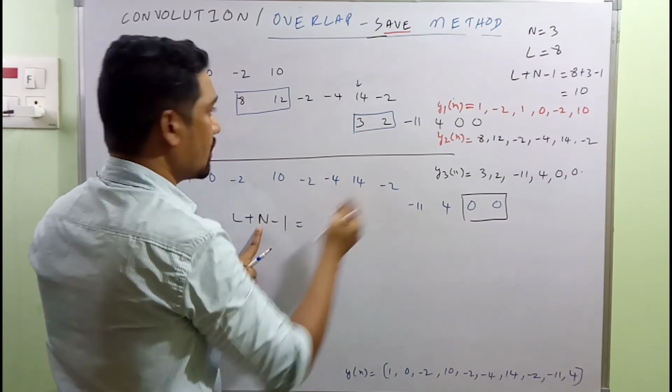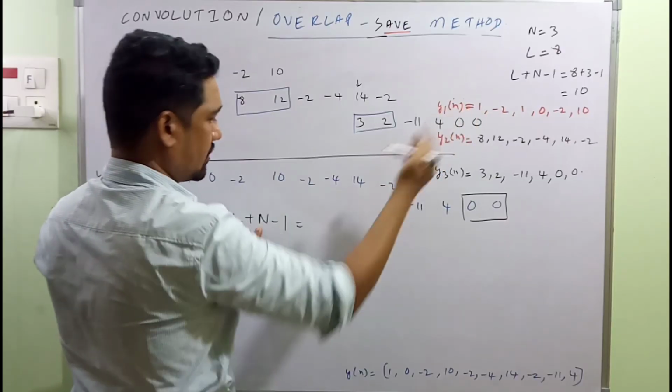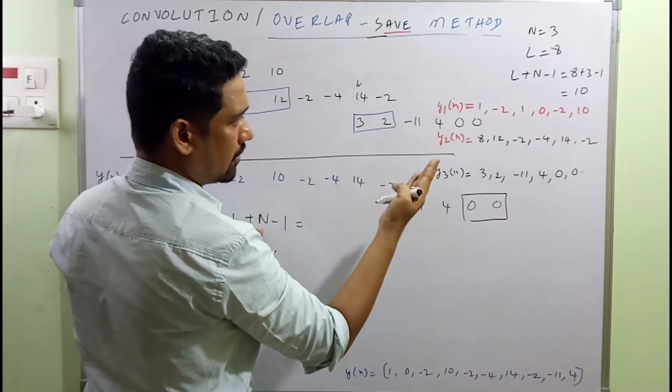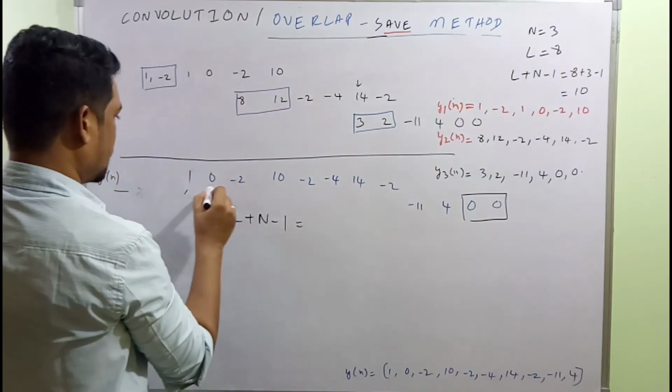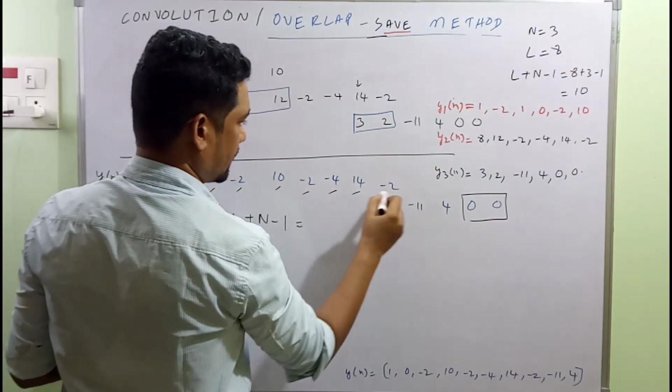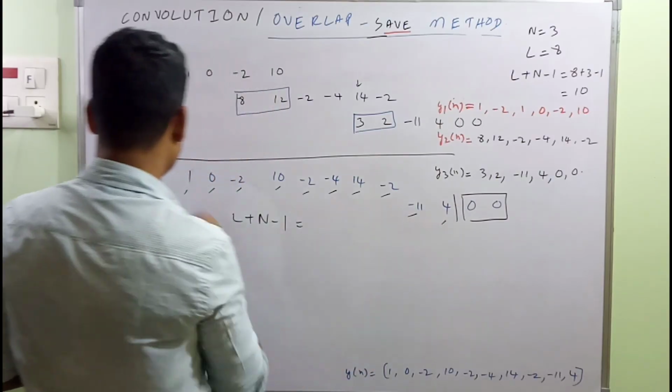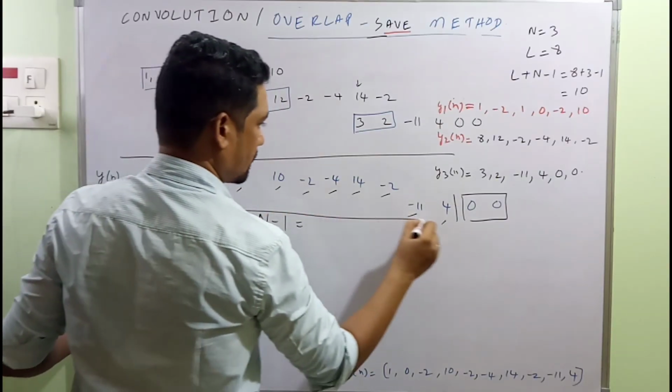So as far as this problem is concerned, it was 8 plus 3 minus 1, so that gives us 10. So count 1 2 3 4 5 6 7 8 9 10. Yeah, this is my final sequence.